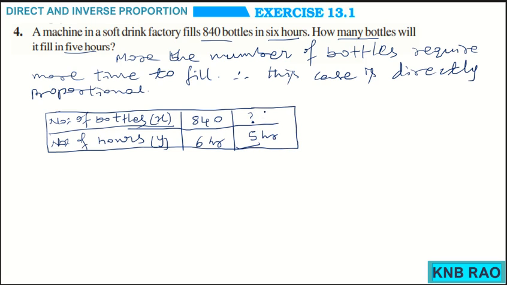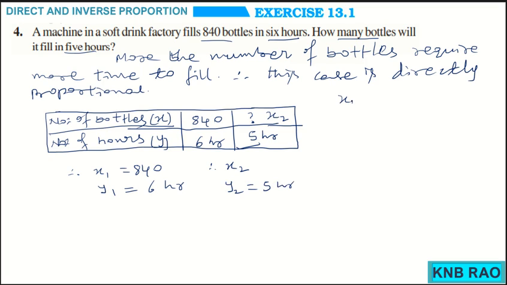This is the question. So, x1 is 840 bottles, y1 is 6 hours, x2 is to be found, and y2 is 5 hours.